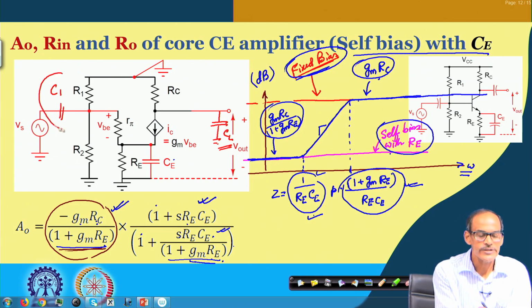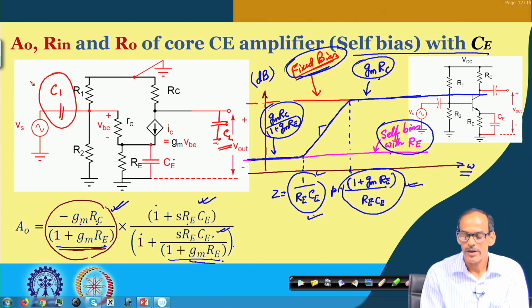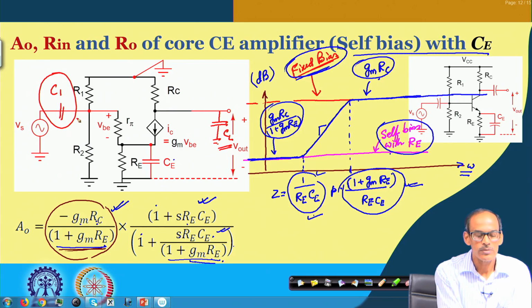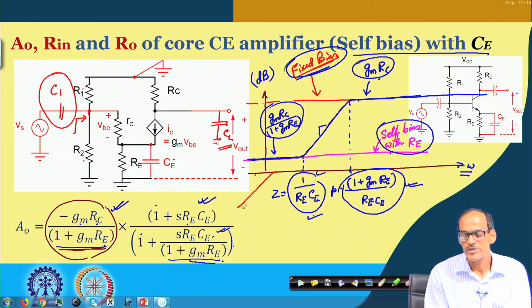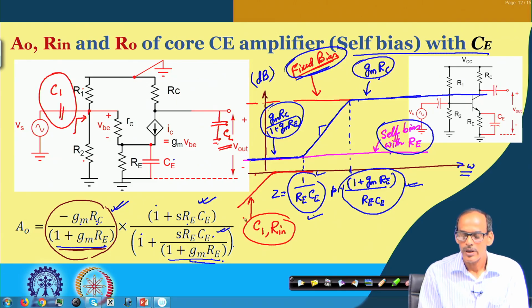If I consider the effect of that part, depending on the input resistance of the circuit, which may be R1, R2 in parallel and the rest, we may have a high pass behavior.